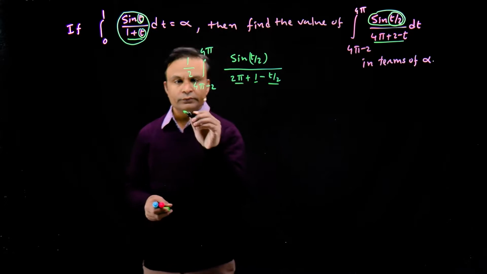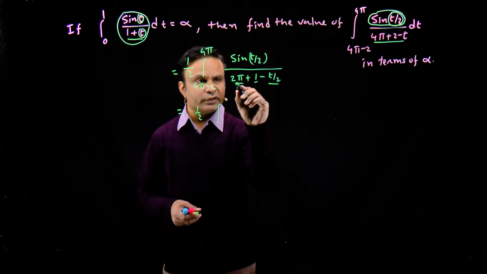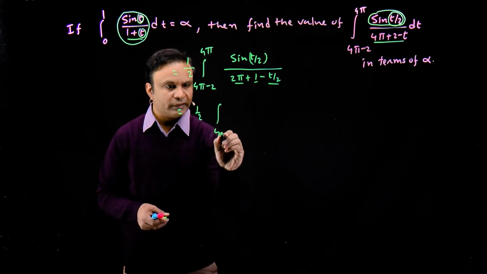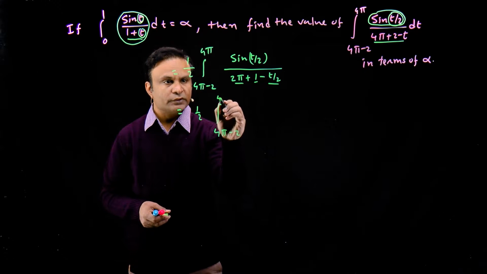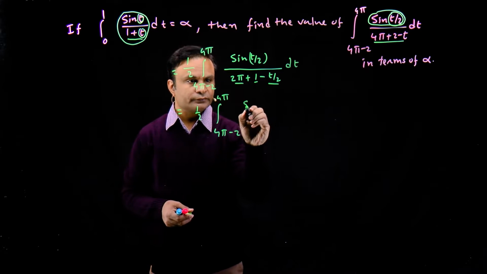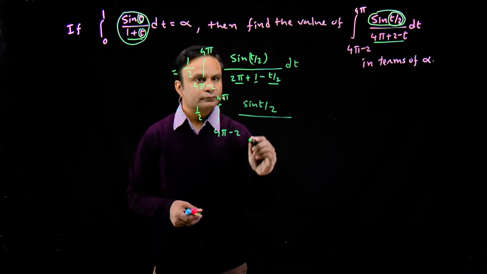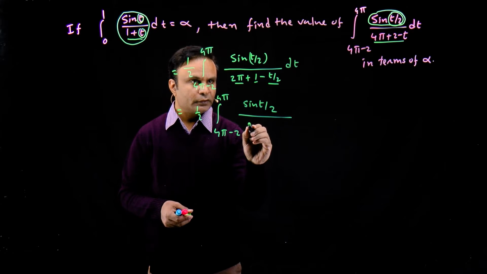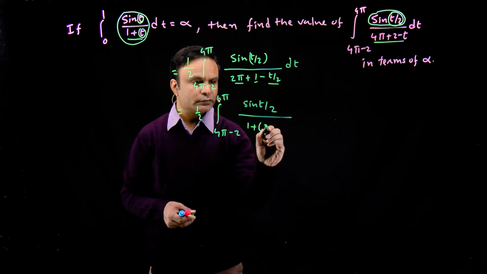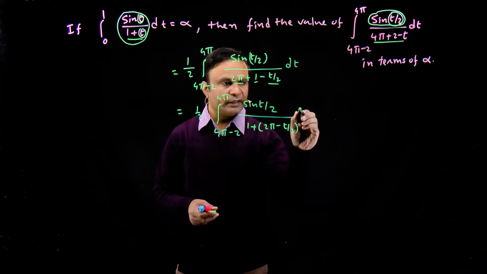So what I am going to do, I will club these 2 terms, 2 pi and minus t by 2. So this will look like this. We have 1 plus 2 pi minus t by 2.